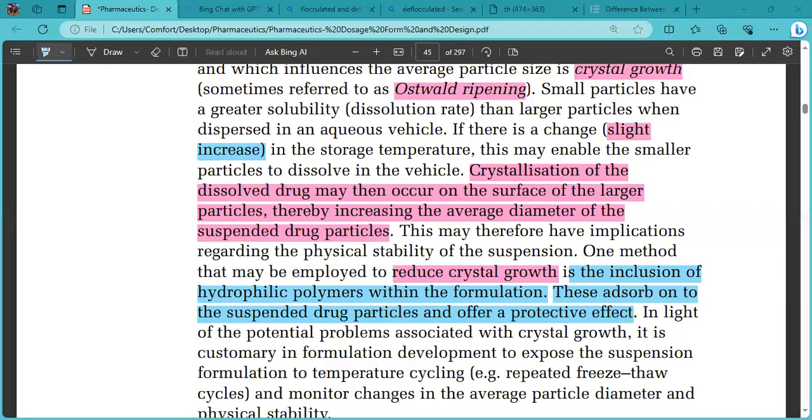So we try to prevent crystallization from happening by dissolving hydrophilic polymer, and it's specifically hydrophilic. It's specific to dissolve in the water because water is the vehicle for your suspension.